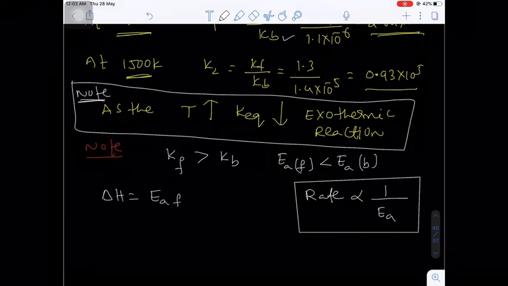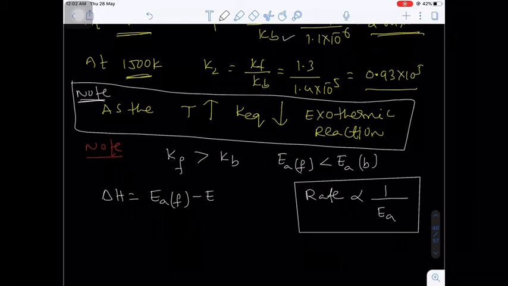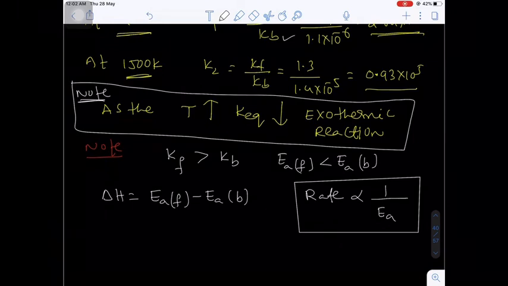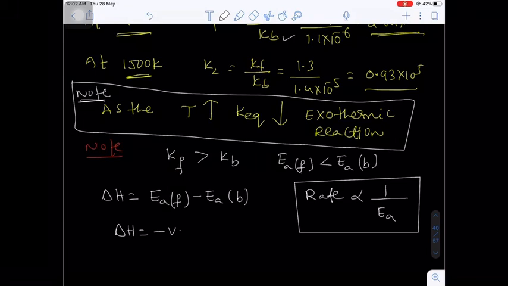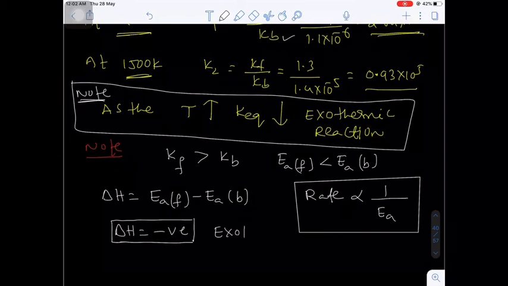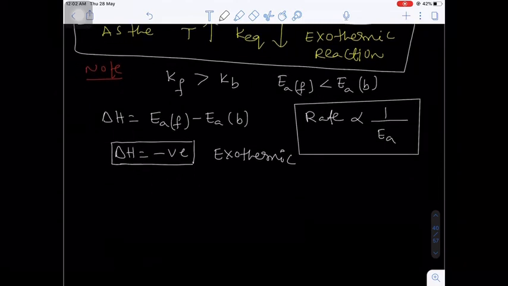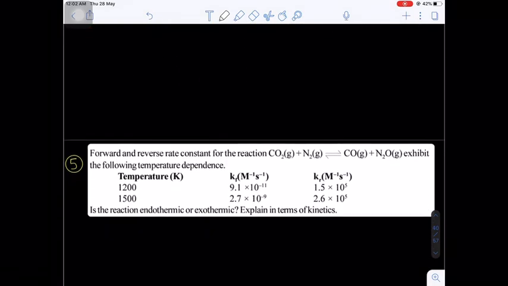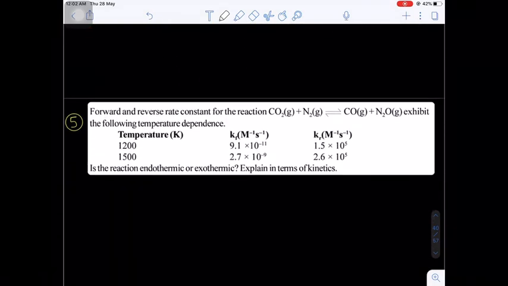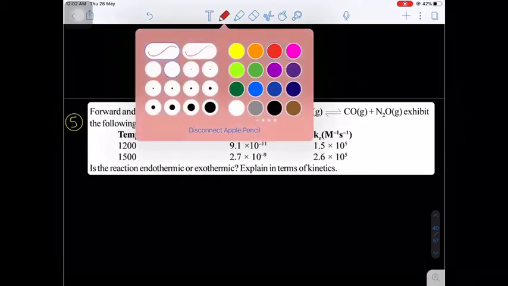Now we know delta H is equal to activation energy of the forward reaction minus activation energy of the backward reaction. Okay. Now here forward reaction activation energy is less and reverse reaction activation energy is more. That means the resultant delta H value is negative. That means the above reaction is which reaction? Exothermic reaction.